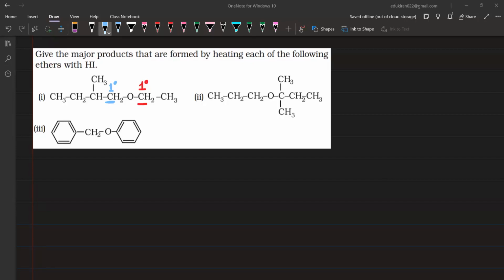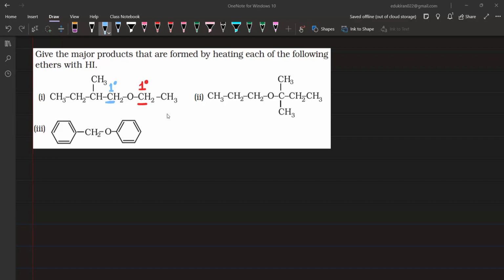Look at the groups attached and tell me.